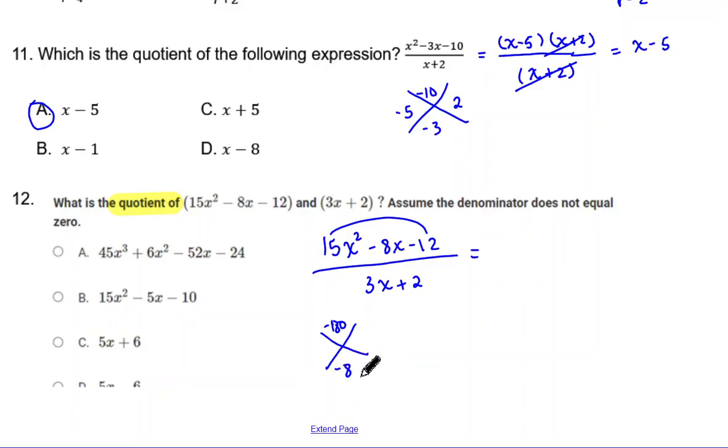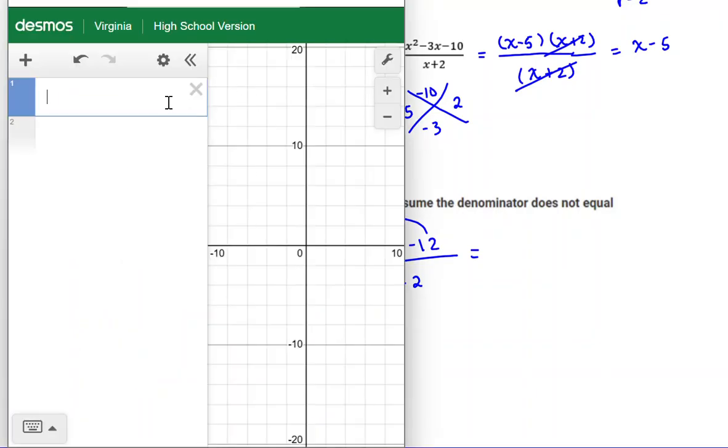I think I can use negative 10 times 8. No, that's going to be negative 2. Okay, let me show you in Desmos how to find it. So you can do negative 180 divided by x.